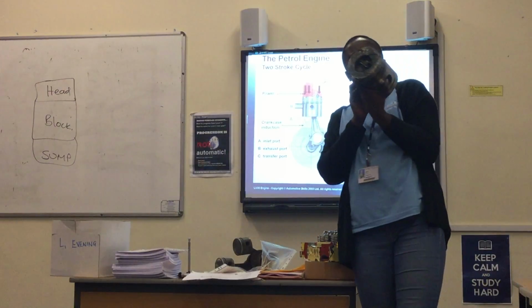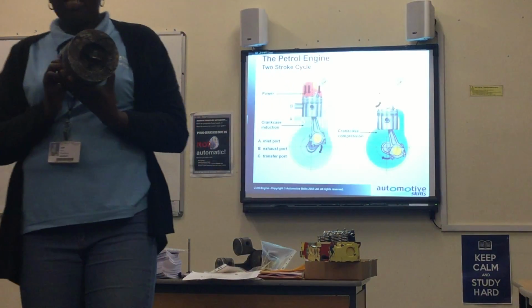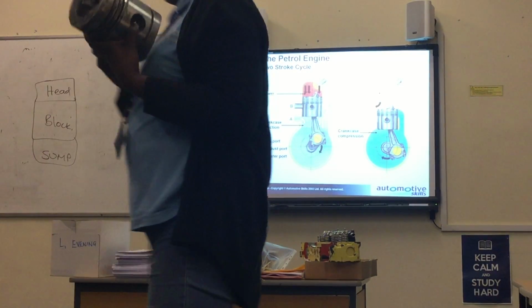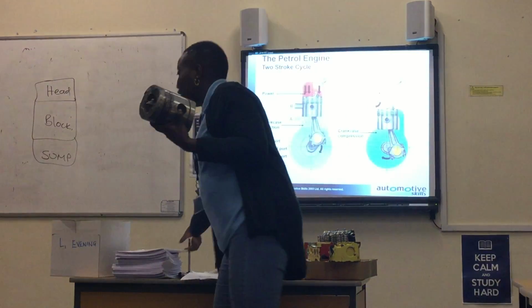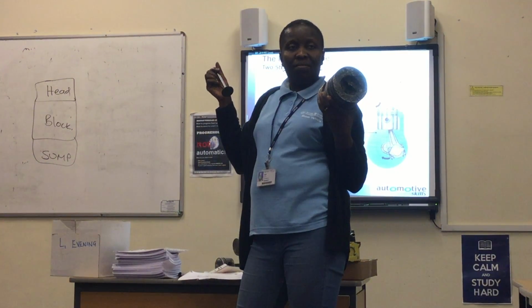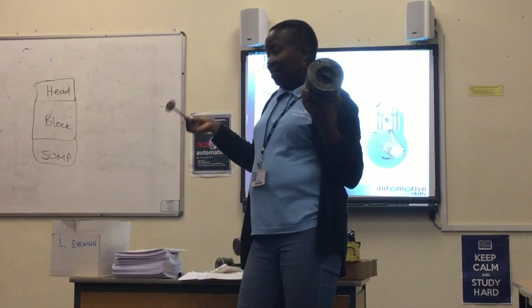This is an example of a piston where the engine overheated, the piston melted, the valve melted, and it stuck on the piston. Maybe the mechanic forgot to put water in the radiator or what. Right?